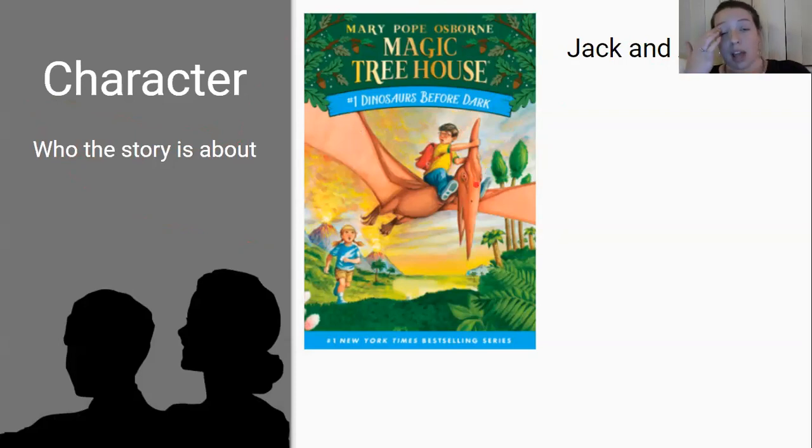So some stories will have only one, but most stories will have multiple characters. And then there's usually a main character or main characters, which is who the story is mostly about. And then there's just kind of other side characters that aren't as important. But for just now, a character, who the story is about, in this book, Jack and Annie.